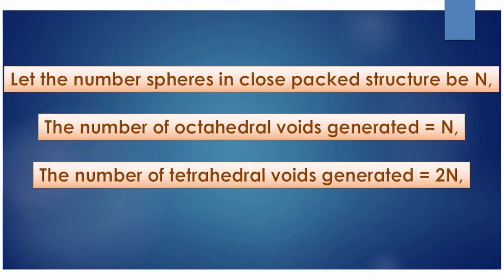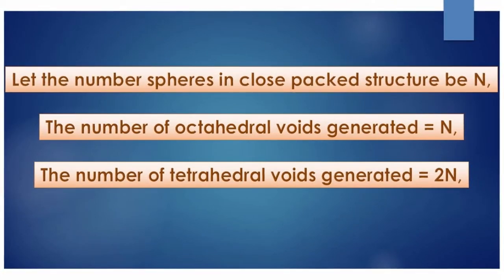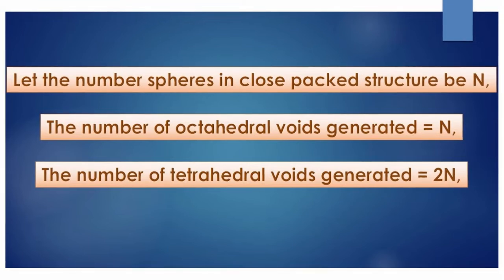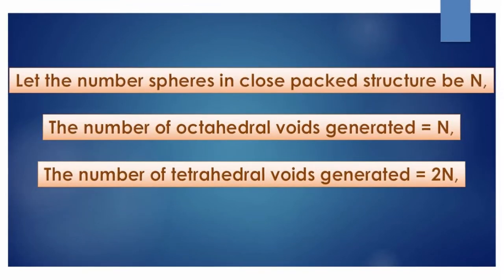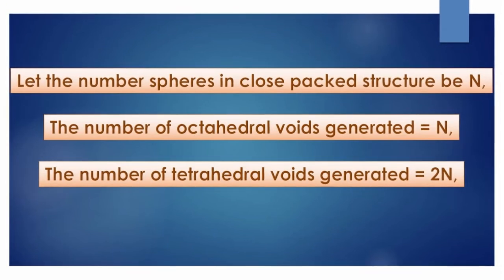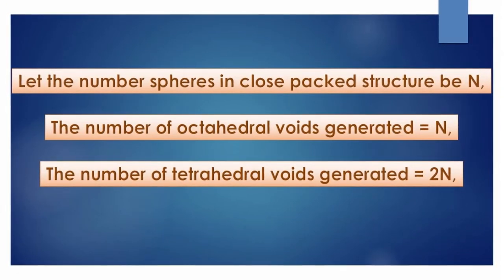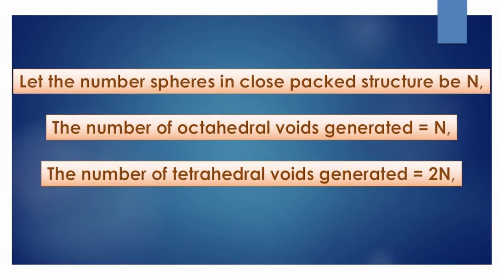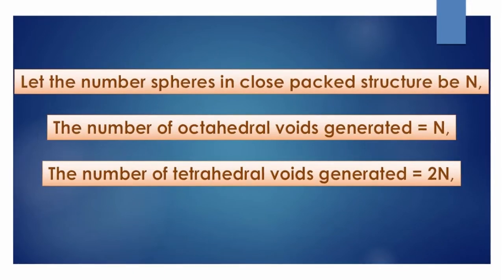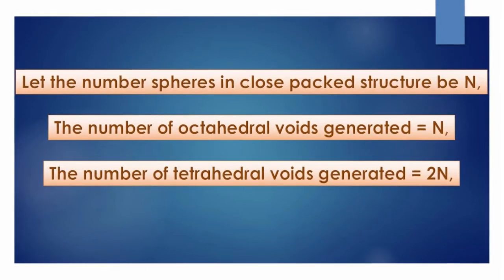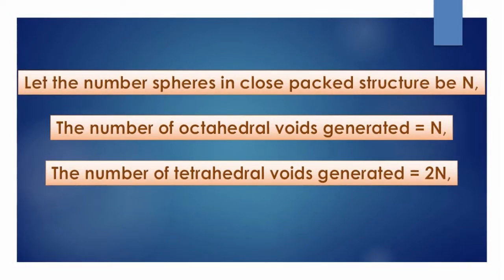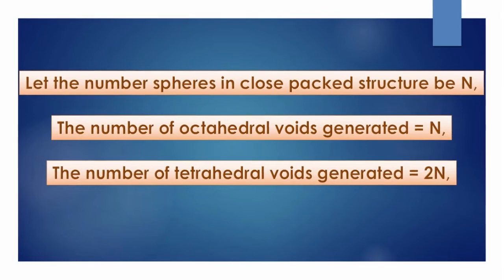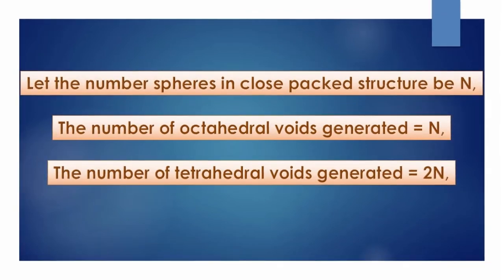If the number of spheres present in a closed packed structure is equal to n, then the number of octahedral voids generated will also be equal to the same number, that is n, and the number of tetrahedral voids generated will be equal to twice the number of atoms present in the closed packed structure, that is 2n.